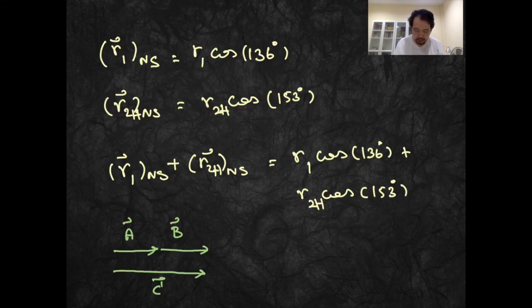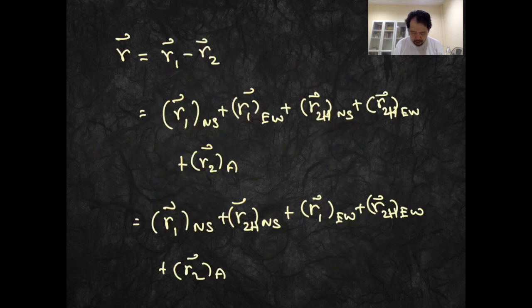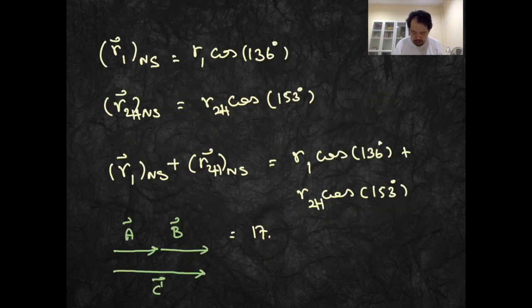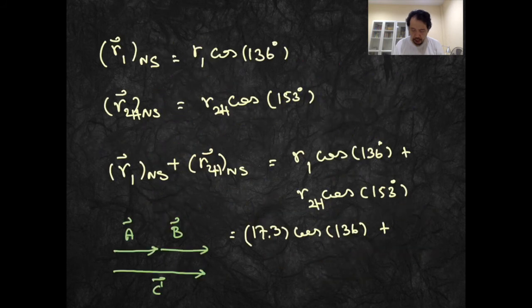So for the north-south component we have 17.3 kilometer times cos 136, plus R2 horizontal, which is 19.6 kilometer, times cos 153 degree.